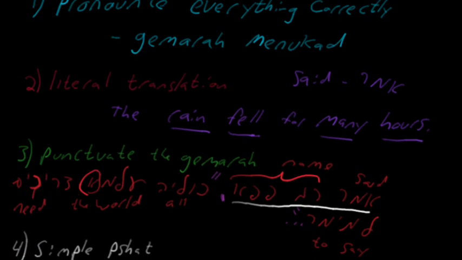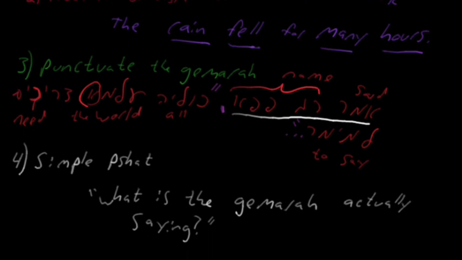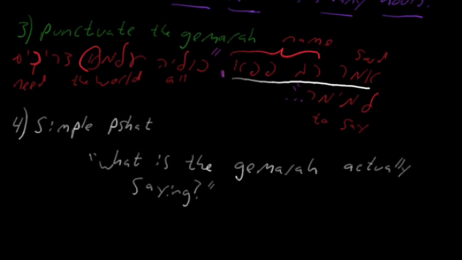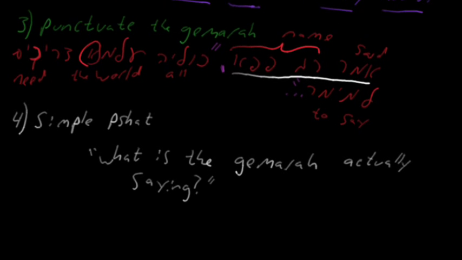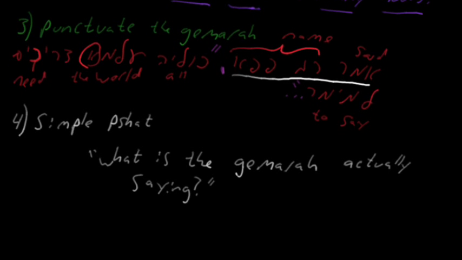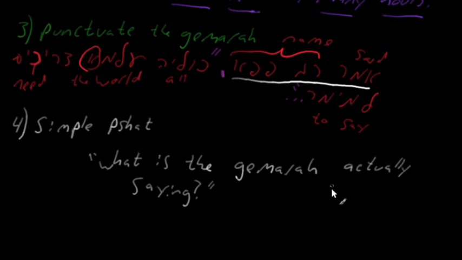So focus on these 4 steps and understanding the Gemara at this very basic but clear level. Many people unfortunately don't understand it at this level and proceed to move on to, as we'll see, the later steps. These 4 steps are the goal. If you're having a lot of trouble preparing something, these 4 steps are what you should focus on, and make sure you get at least this before going into a shir.